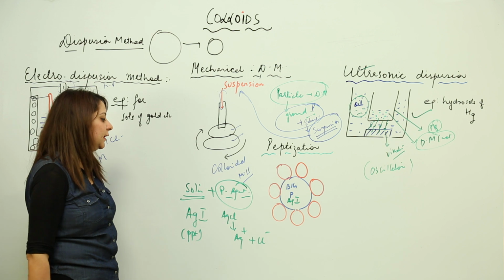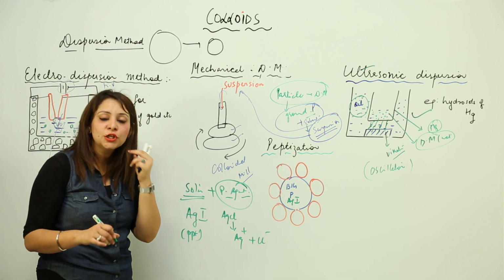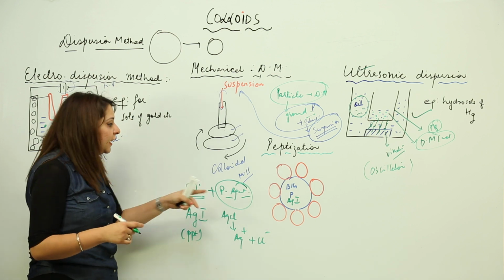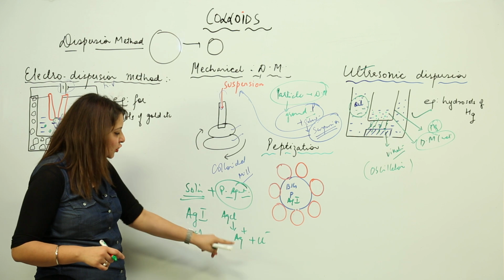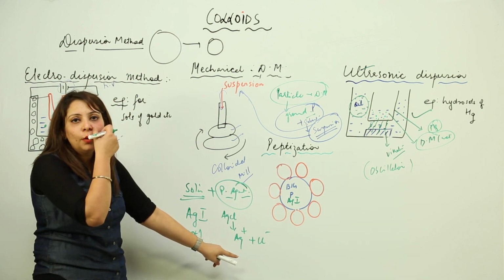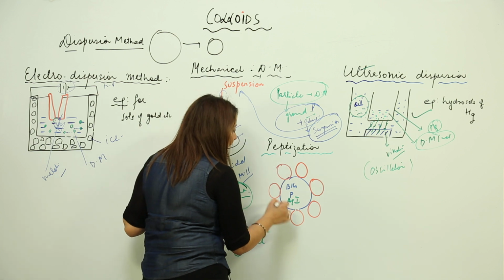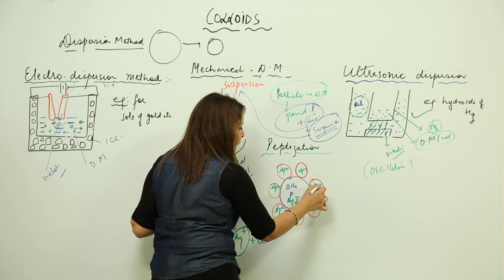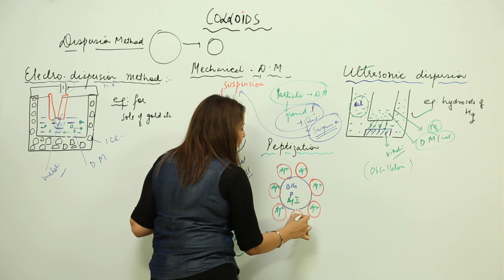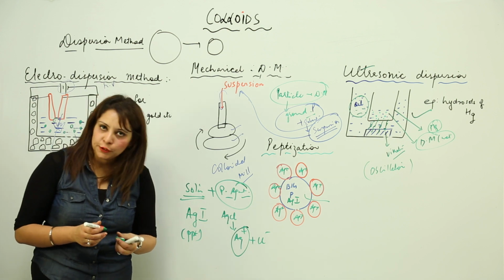Now this bigger particle is going to attract the ion of the peptizing agent that is common to them. Here it is AgI and that is AgCl. What is the common ion? Obviously it is the silver ion. So silver ions will cling here, means they will get adsorbed on the surface, and they will further break this bigger particle into smaller particles in the range of colloidal particles.